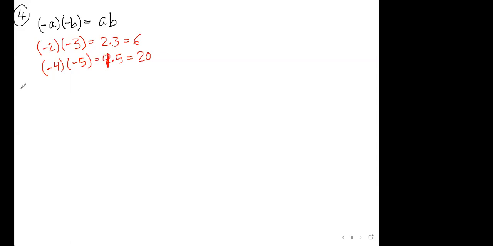Fifth property: minus parentheses A plus B. This exactly looks like the distributive property, the third property we talked about. We distribute a minus inside the parentheses, so it looks like minus A minus B. Who will give me an example for this one?